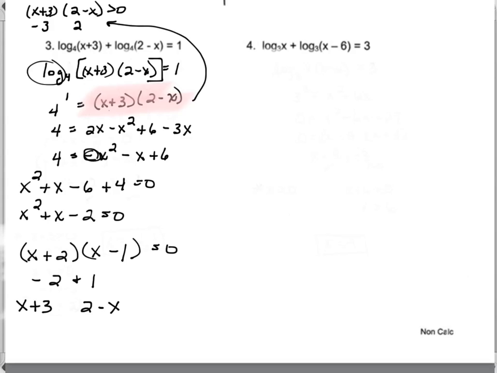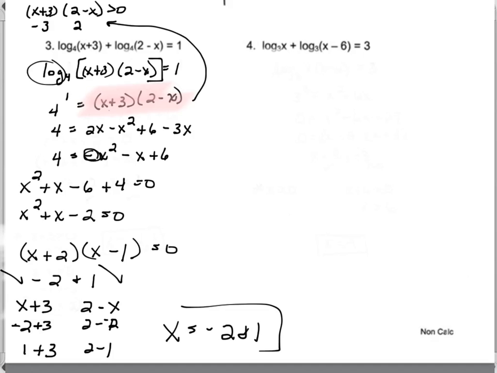Well, negative 2 plus 3 is positive, and 2 minus negative 2, excuse me, putting the negative 2 in there, that's going to also be positive. So that value works. Then I have 1 plus 3 is positive, and 2 minus 1 is also positive. Okay, so this value works. So both of those are good answers. So in this case, x is equal to negative 2 and 1. And those should both be good answers.